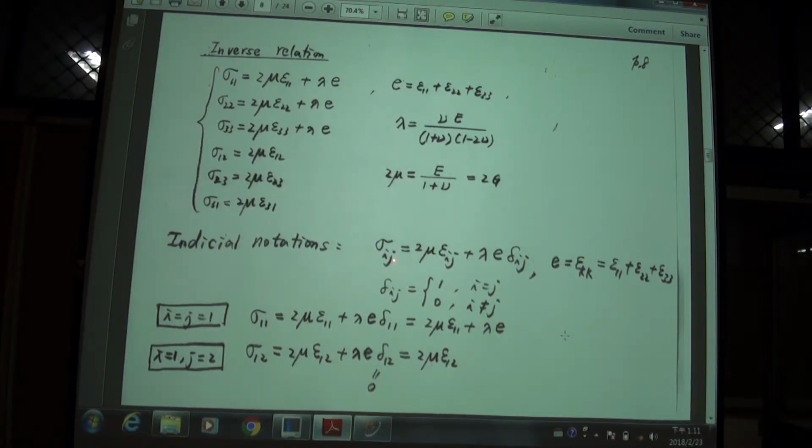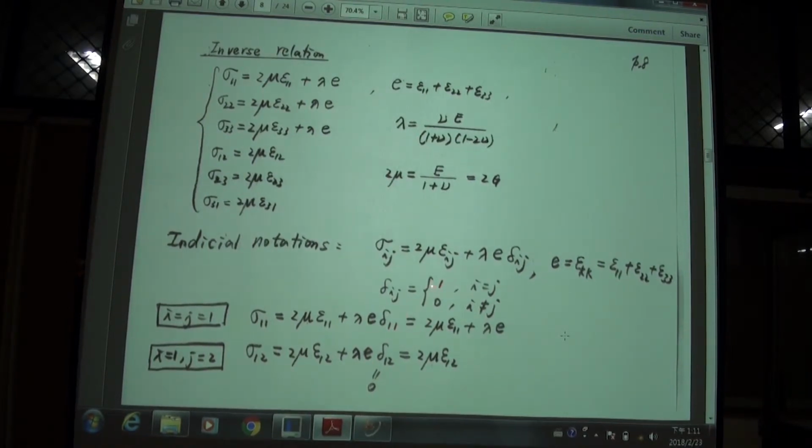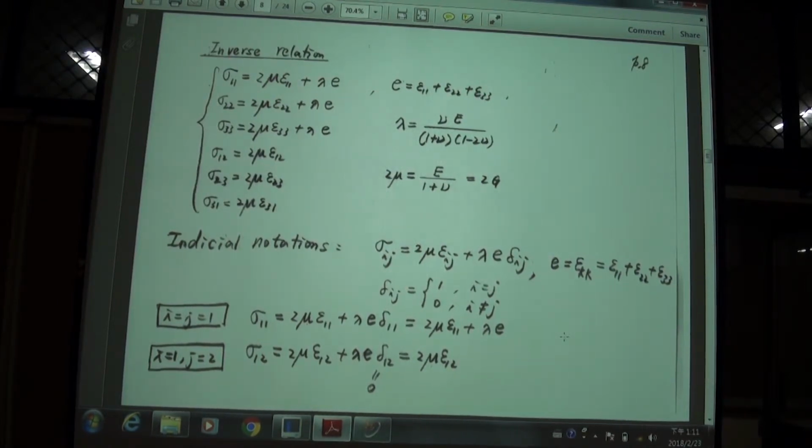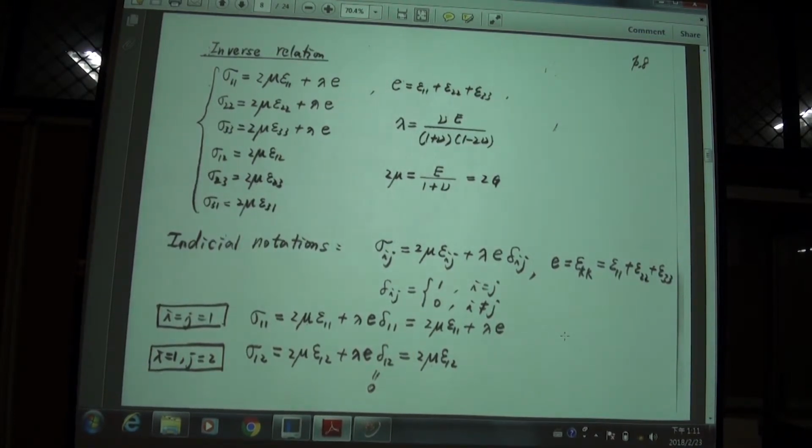Now, let me show you that from this one single relation, we can get all these 6 equations. If i equals 1, j equals 1, we have sigma 1,1 here, and then epsilon 1,1 here, and then we have delta 1,1 here because i equals 1, j equals 1. Now, delta 1,1 equals 1 according to the definition, so this is 1. So sigma 1,1 equals this one, which is exactly the same form as this. So this equation includes this equation. Now, how about the shear component?